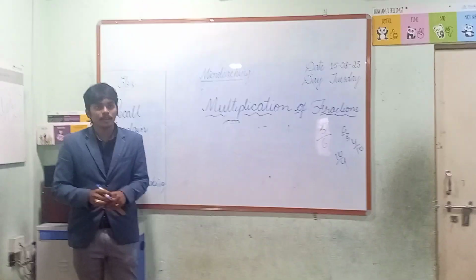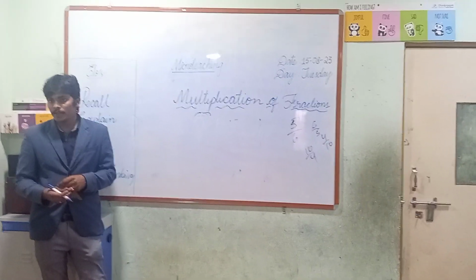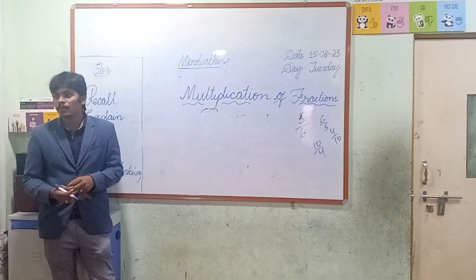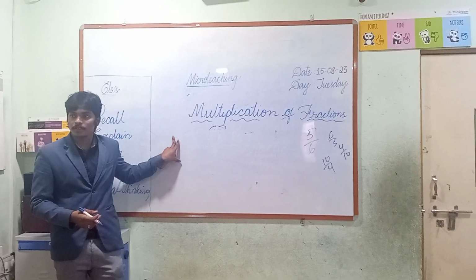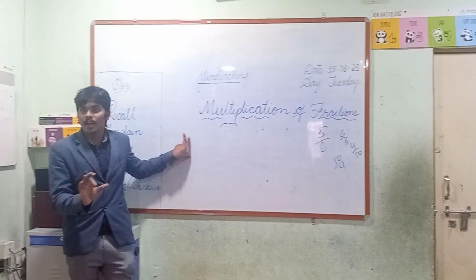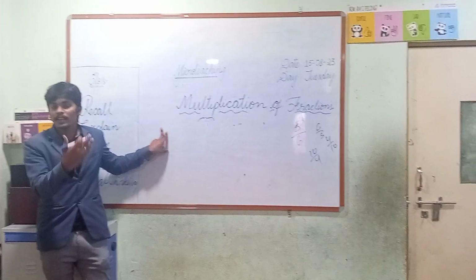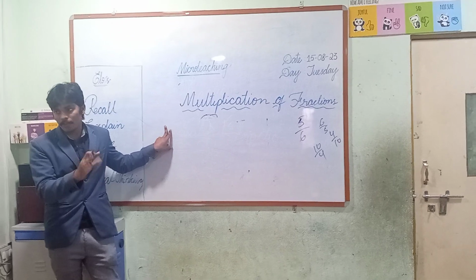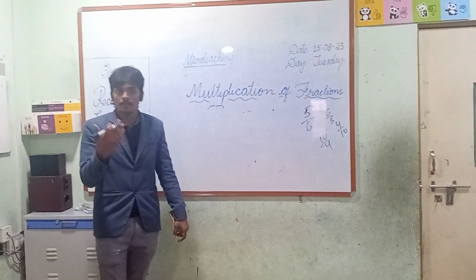And when you have two fractions and need to do division, we have to see the KFC formula. First, keep the first fraction the same, convert division into multiplication, and the second fraction should be shuffled. So the numerator should become the denominator and the denominator should become the numerator.